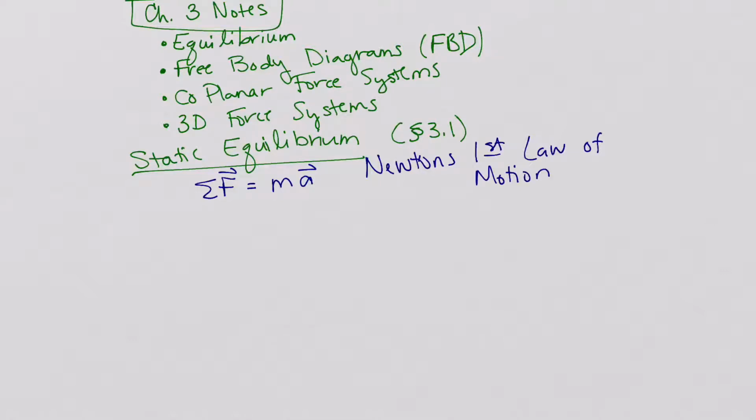And when we're in statics, basically things aren't moving, or if it's moving at a constant velocity, so the acceleration is 0, we can basically change this equation. So if the acceleration is 0, then we have a revised one, and this is just for our static systems. When we get into dynamics, this won't be the case. So sum of the forces equals 0, because in statics we're typically not moving.